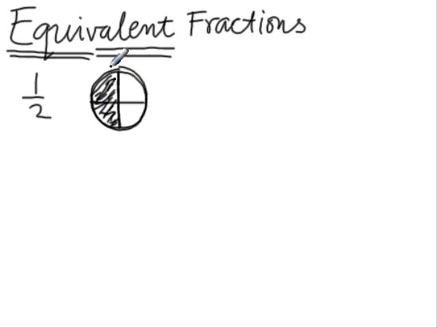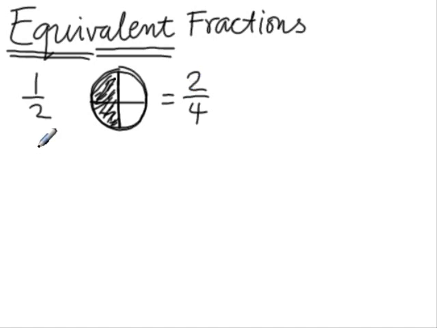What I want to show you is how here we have a half of a pie shaded in, but actually the pie has been cut into 4 pieces. And so 1/2, as you can see, is exactly the same thing as 2/4. 2 pieces that are 1/4 of the pie are equal to 1/2. They are called equivalent fractions.